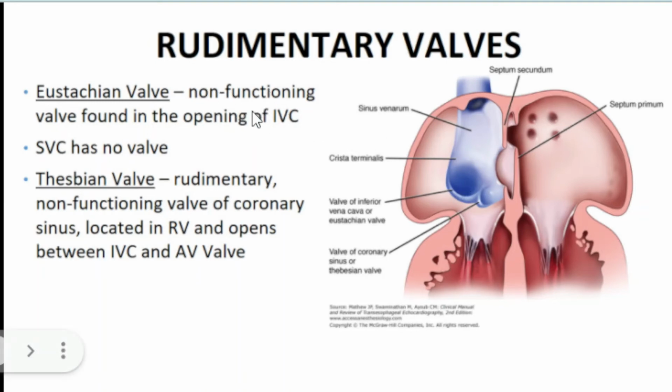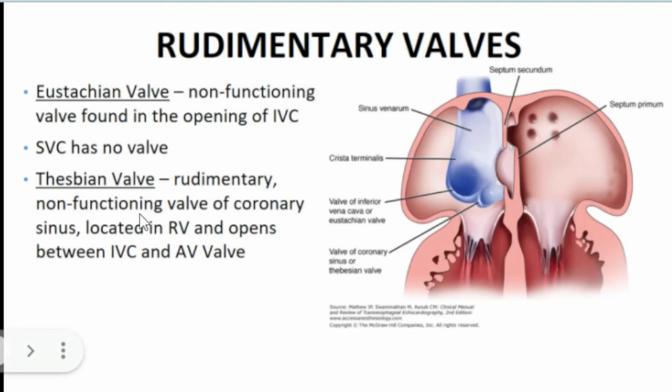Yang Eustachian valve natin. Next, your thespian valve. So, by the way, if you're curious, the superior vena cava has no valve. So, wala siyang counterpart. Next is your thespian valve. It is also rudimentary and non-functioning. And this is the one. Ito siyang thespian valve.